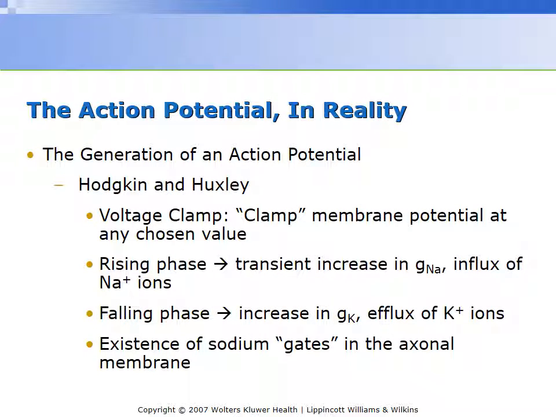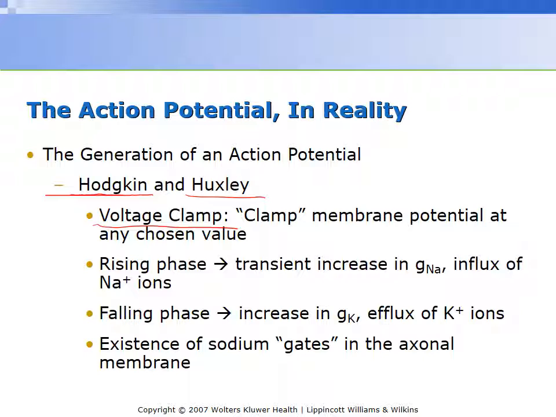So what we're talking about is a result of years of work and some technical breakthrough technology, one of which is the voltage clamp. The voltage clamp right here. That was initially developed by Kenneth Cole, but it was extensively used by Hodgkin and Huxley.